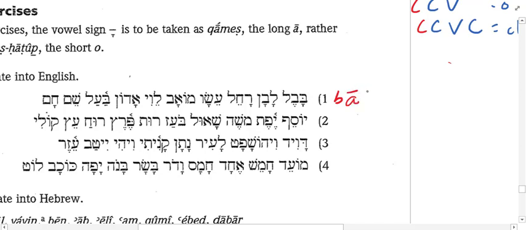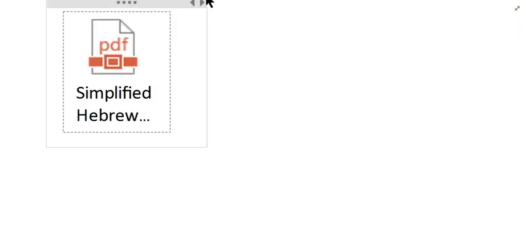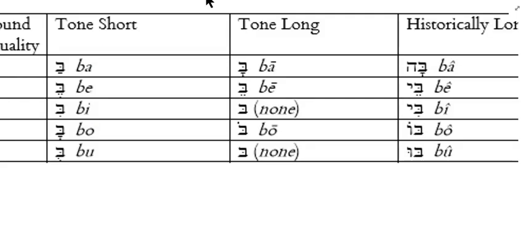Now we have another bet. And notice this is the same bet as the bet before, except it has no dot in Hebrew. And minus dot in Hebrew means plus line in English. Then I have what is called a segol, which is an E vowel. Question is it a long or a short E? Well, we can look here and see that my segol is right there.